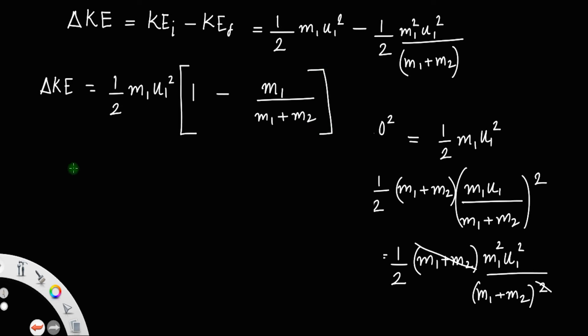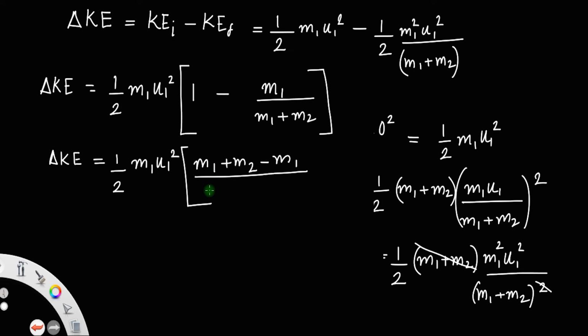On cross multiplying, you get delta KE is equal to half m1 u1 square into m1 plus m2 minus m1 divided by m1 plus m2. So this m1 and this m1 will get cancelled.